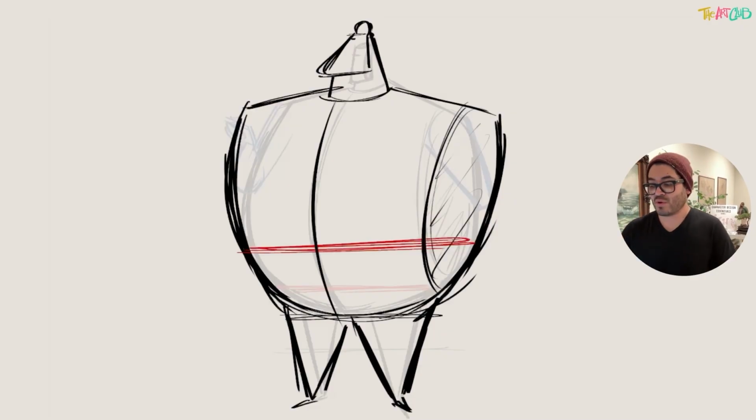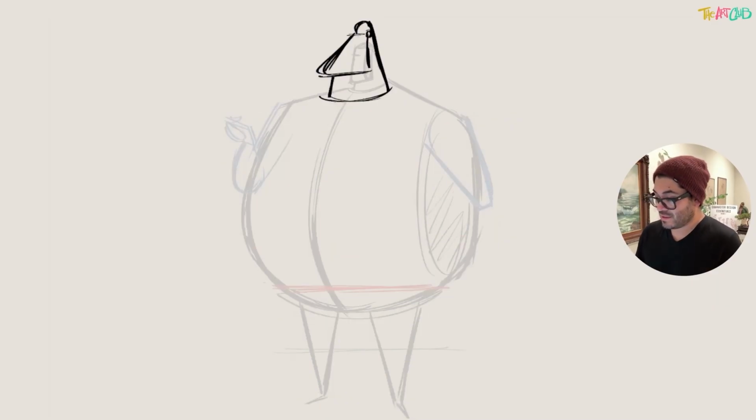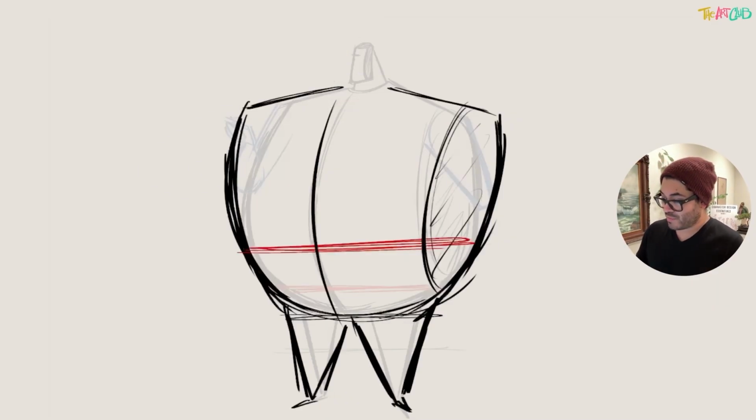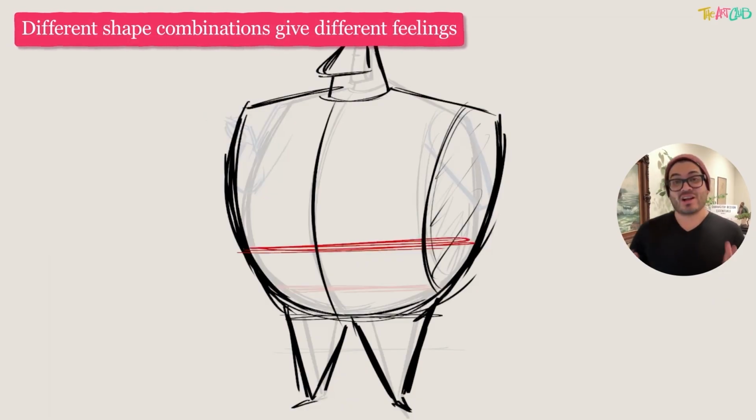You might find things that work. You might find things that don't work. This is all just experimentation. You're having fun. That's the biggest thing here. So does that head work better than this one? I don't know. But they're very different feelings. That's the thing. A combination of shapes are naturally going to give you a different feeling.